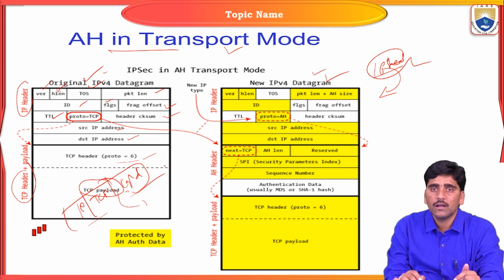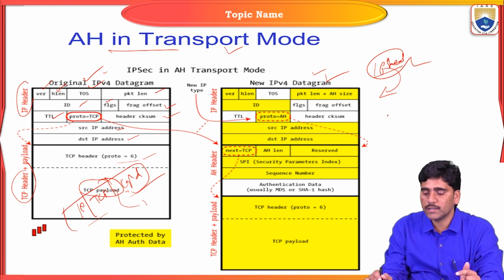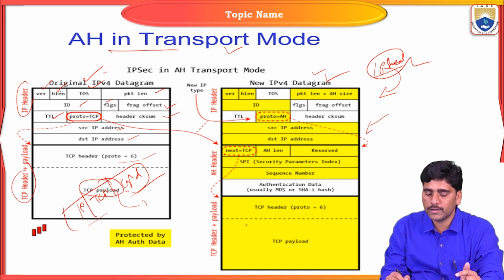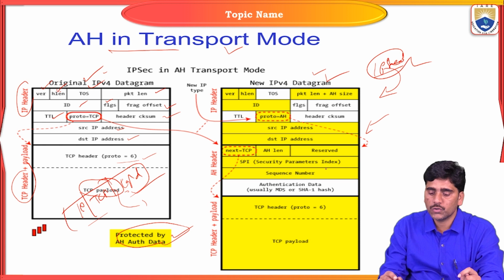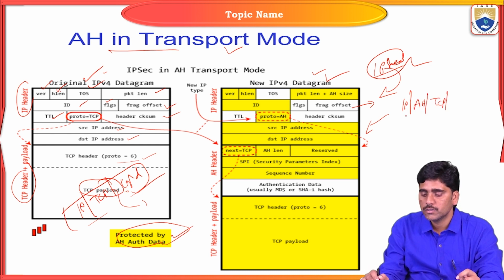So all of this is not protected by the authentication header. But when the authentication header is added in IPsec, the entire data is protected by authentication data. Here this is the IPv4 header. After the IP header, the authentication header is added. After the authentication header, the TCP header is added.